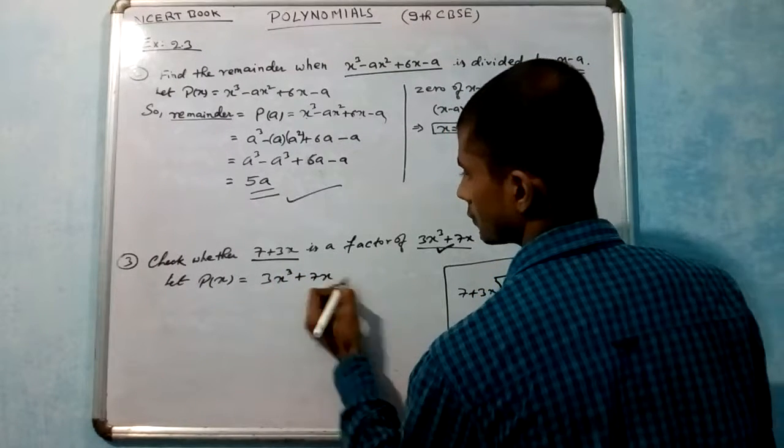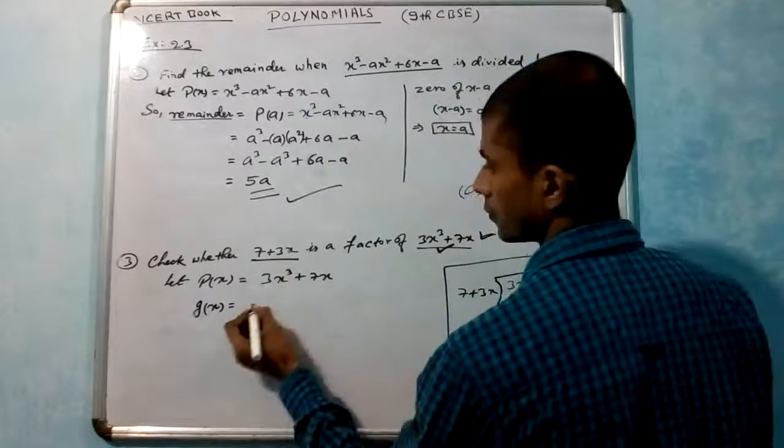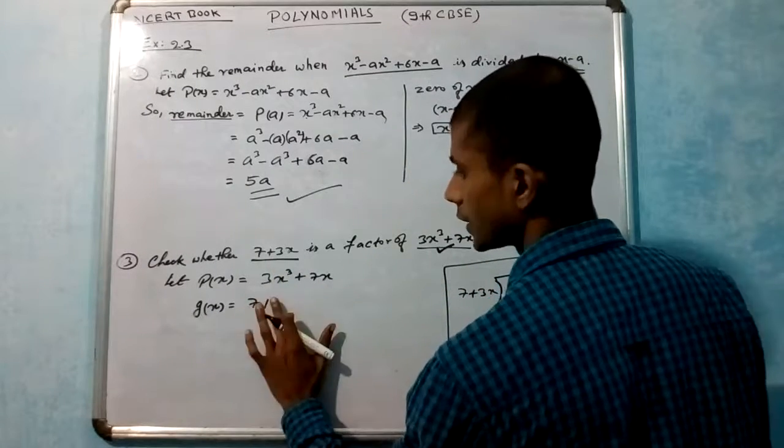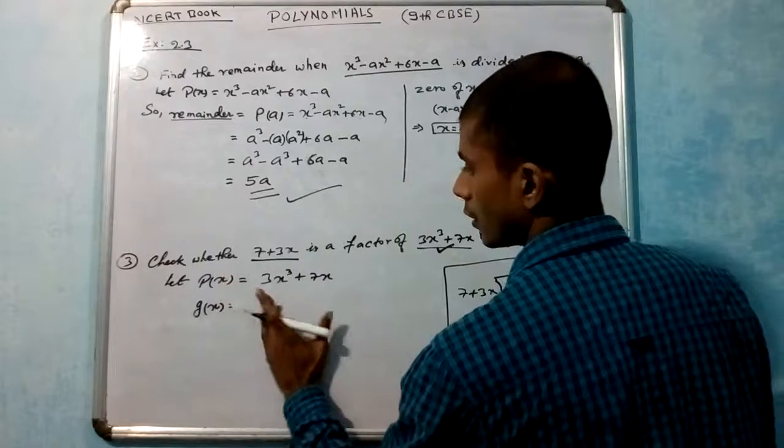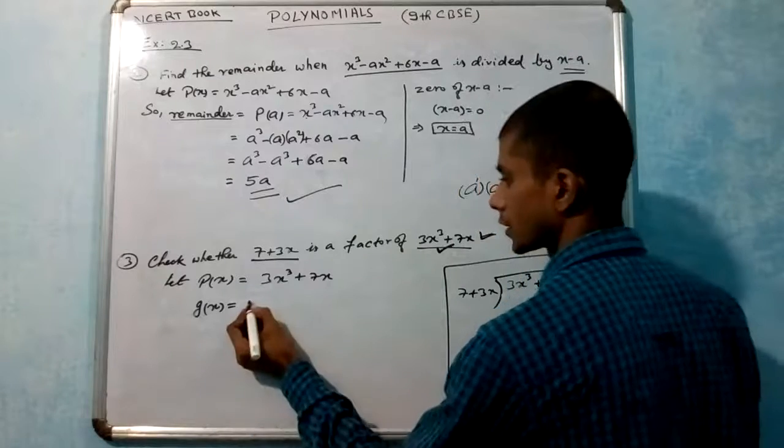And g(x), what you are dividing with? Can I write 3x plus 7? Or 7 plus 3x, that is also okay.